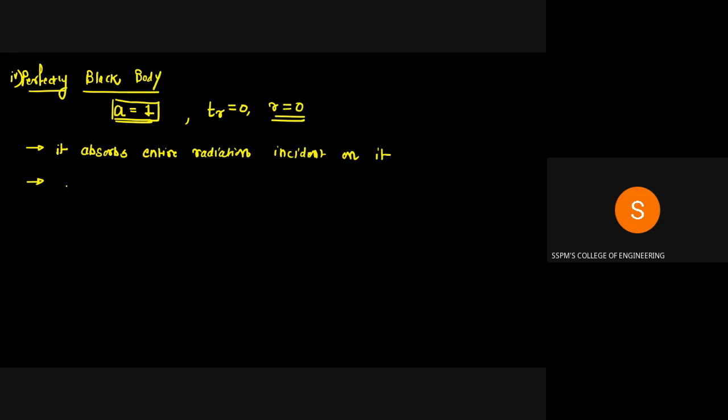So if any substance is a good absorber, it is a good emitter also. So poor absorber means poor emitter.